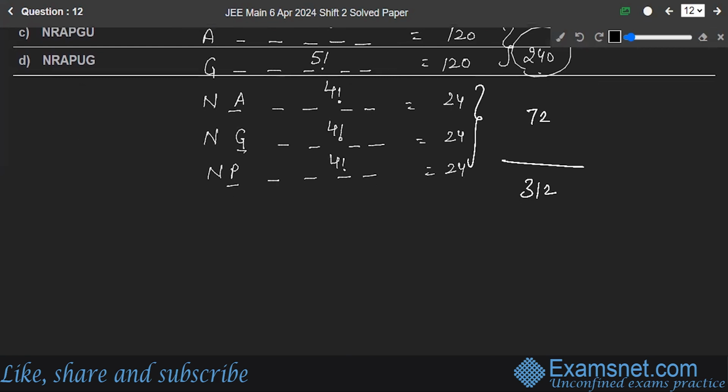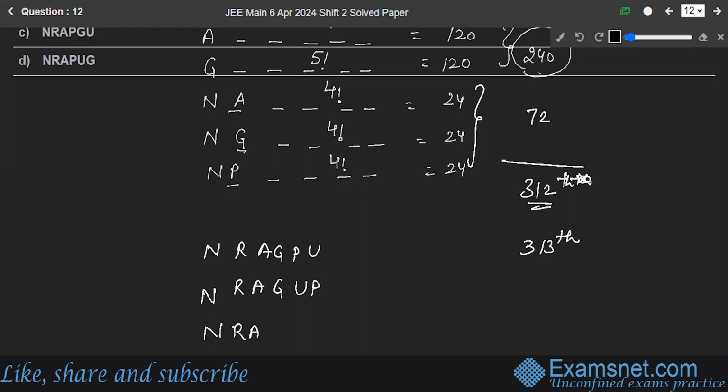So the next alphabet over here, this is the 312th position. So the 313th position will be held by N R A G P U. The next one will be N R A G U P, then N R A P G U. So this is your 314th position.